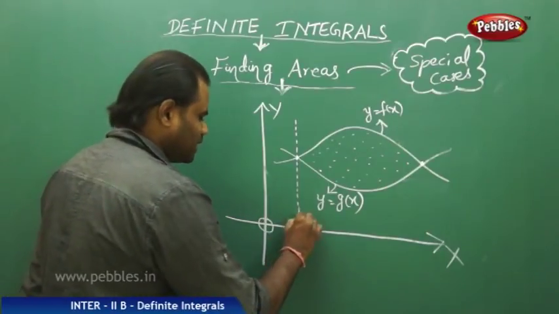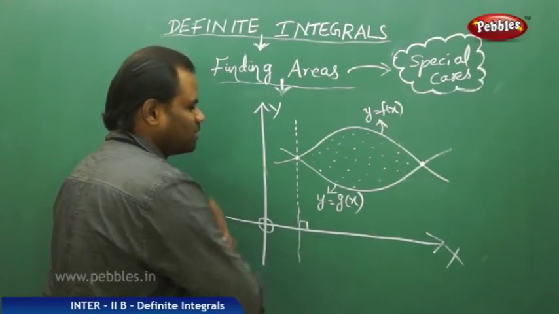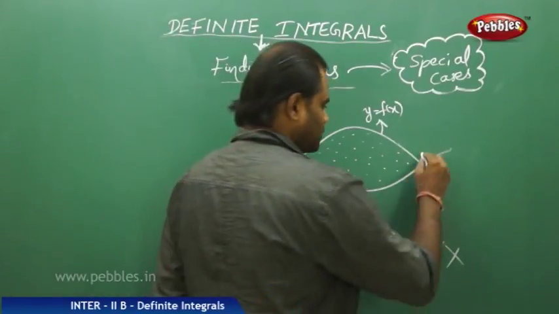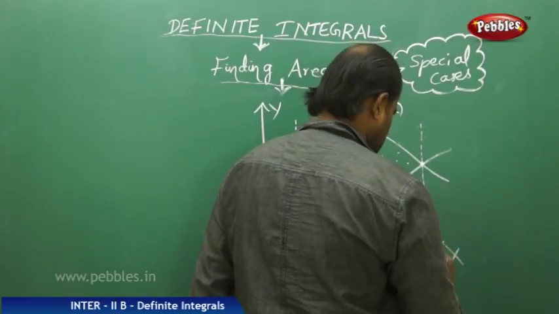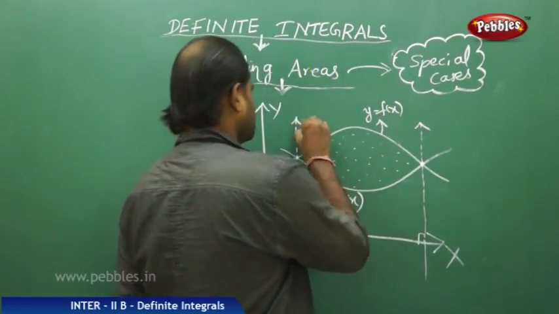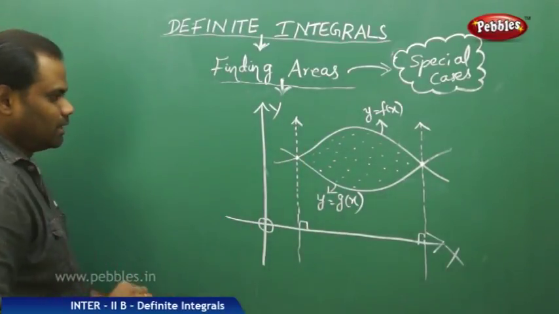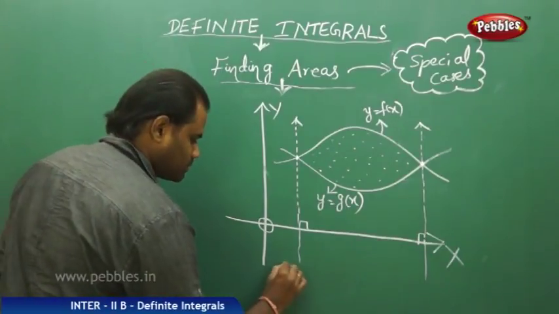I draw a line perpendicular to the x-axis passing through this point of intersection, and another line passing through this point of intersection. Then the x coordinate of the point of intersection will be the limit.